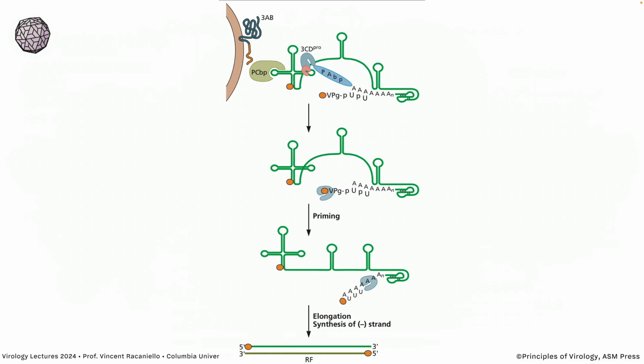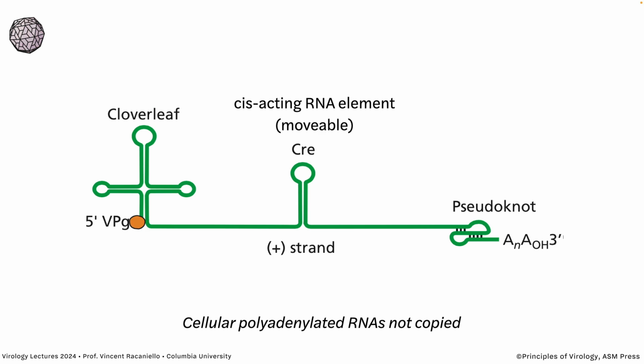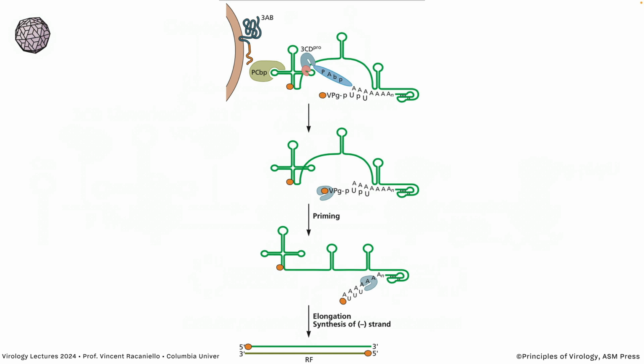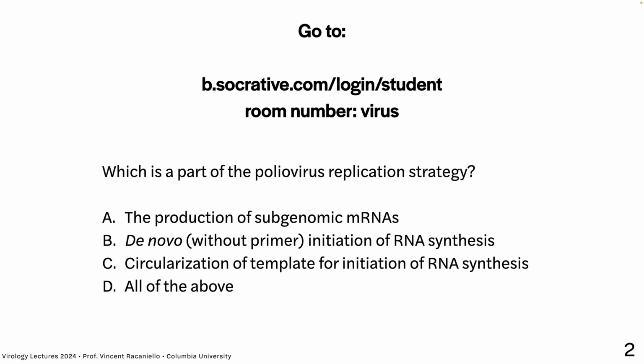All of that does is circularize the RNA, bringing the 5' and 3' ends together. So this polymerase that's bound to the clover leaf is the one that's going to start copying the viral RNA. And it does so and makes a double-stranded copy. This process is carried out, as I said, on membranes, those membranes that are induced by virus infection. We'll talk more about those, I think, in lecture 11.